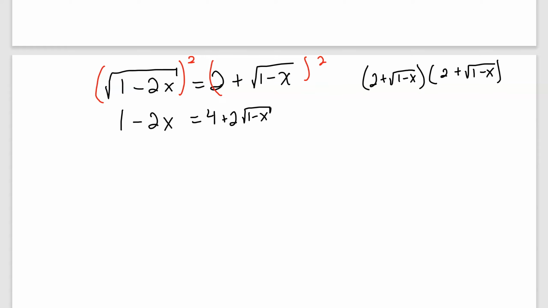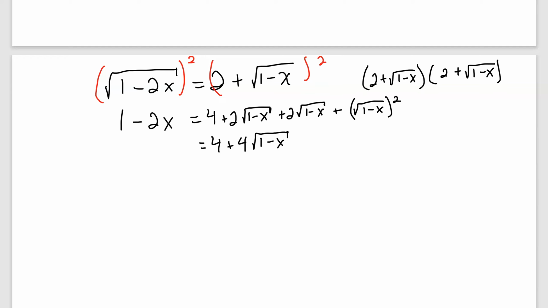Square root of 1 minus x times 2 will give me another 2 square root of 1 minus x. And then square root of 1 minus x times square root of 1 minus x will give me the square root of 1 minus x, squared. I'm going to simplify this right side. These two items can combine to give me 4 times the square root of 1 minus x.